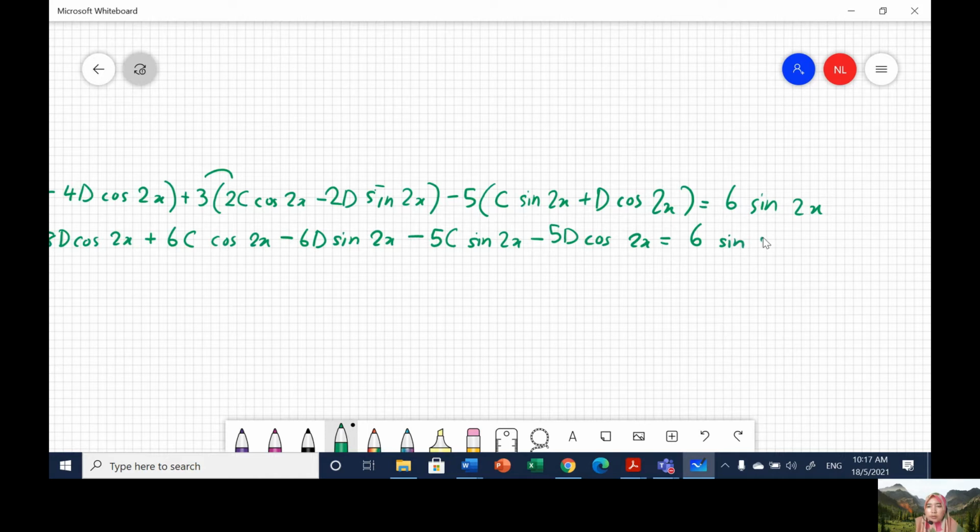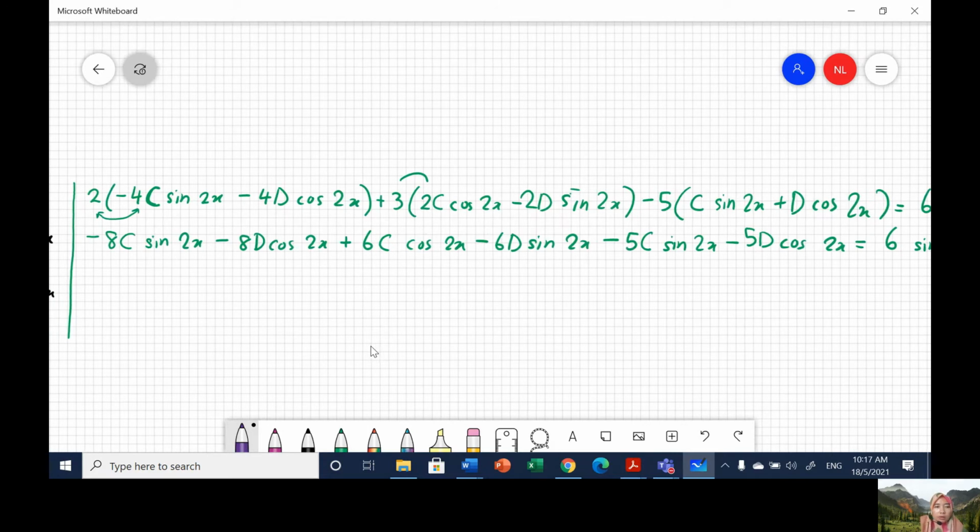equal to 6 sin 2x. Okay, next we are going to mark sine with sine, cos with cos. So we have cos here, we have cos, and then we have cos. The one that I underlined is in terms of cos.